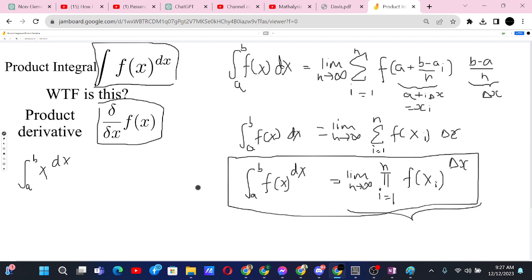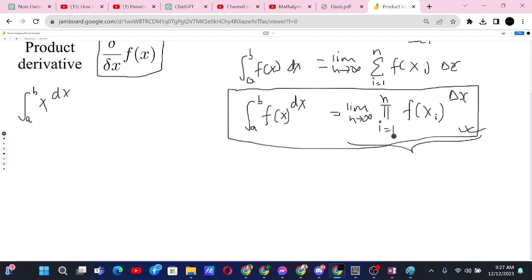This is a problem. But don't worry. This can in fact be changed into a Riemann integral as well. Let's say we take log on both sides. We can change the product to a sum.